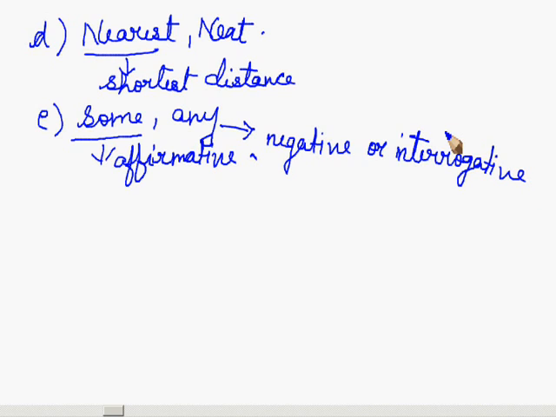As I've said, some is used for affirmative sentences, or in other words you can say positive. Any is used for negative or interrogative.